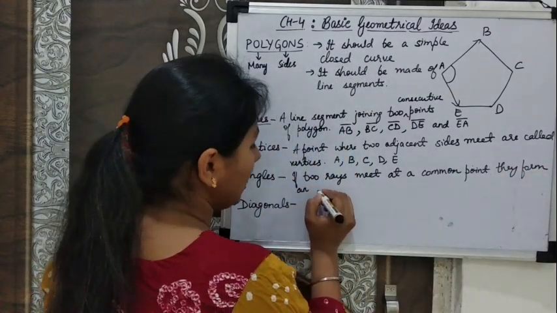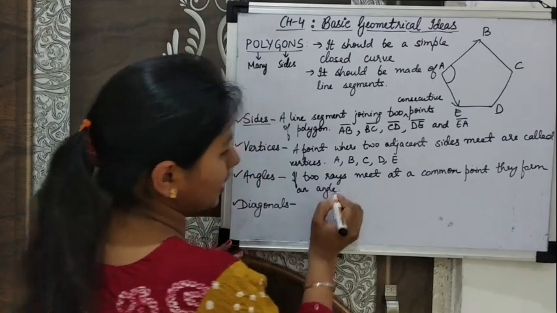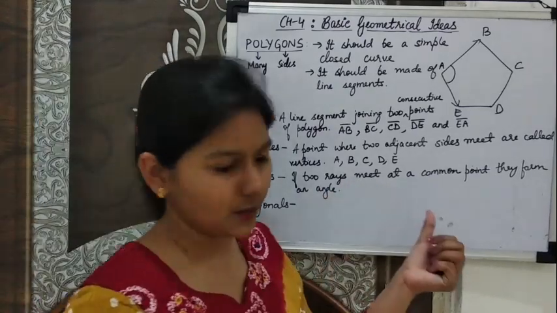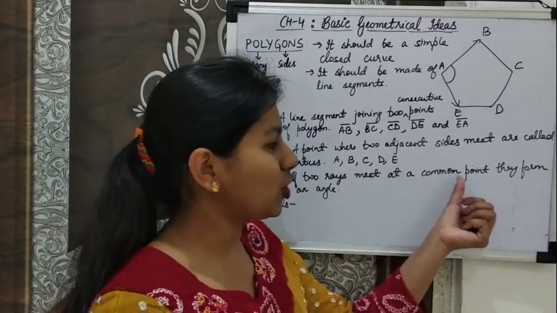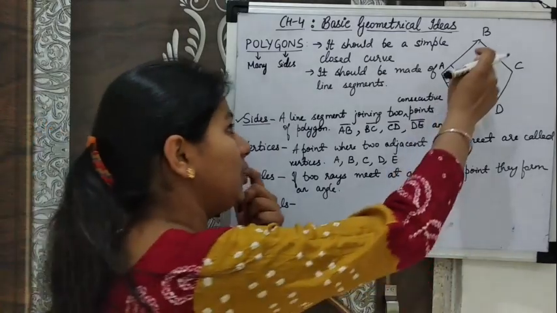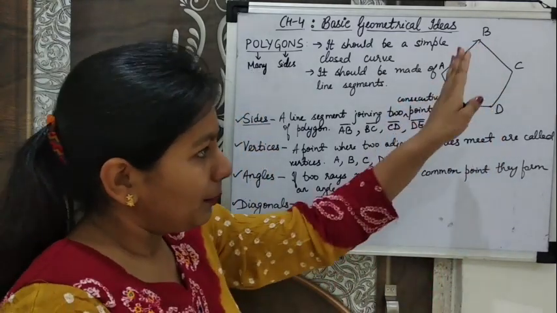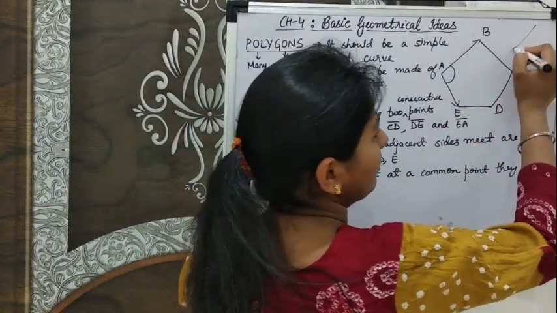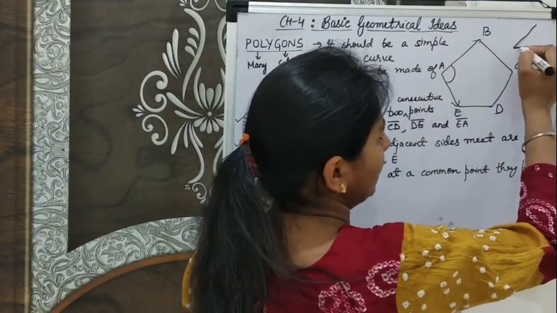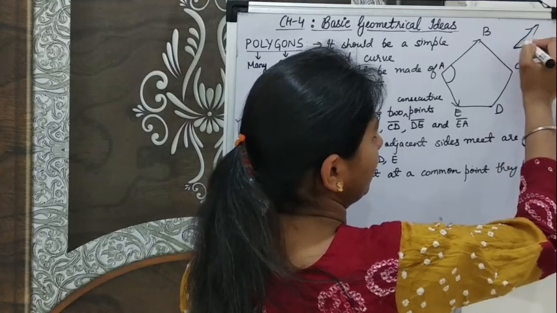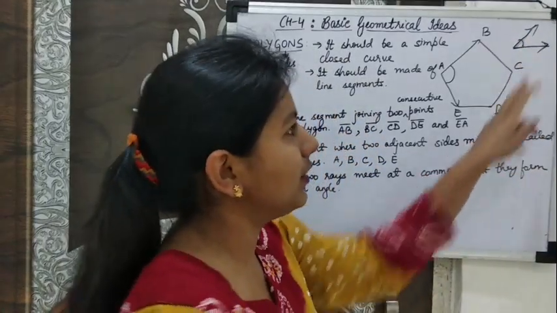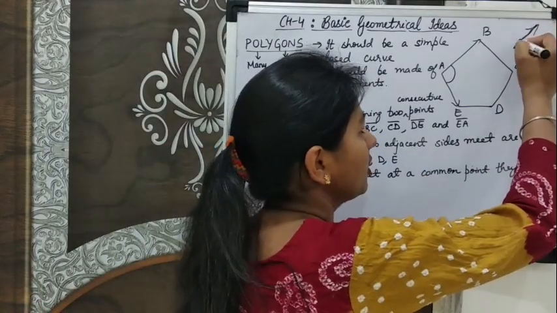ठीक है, वो क्या बनाएंगे फिर? एंगल बनाएंगे. Now again you have to take care, बेटा. I have written rays. If two rays meet at a common point, but here you can say that ma'am there is no ray. But we have to see like angles, whenever I am drawing only an angle. This is my polygon. If I draw a single angle, then definitely we are drawing it in the form of rays.